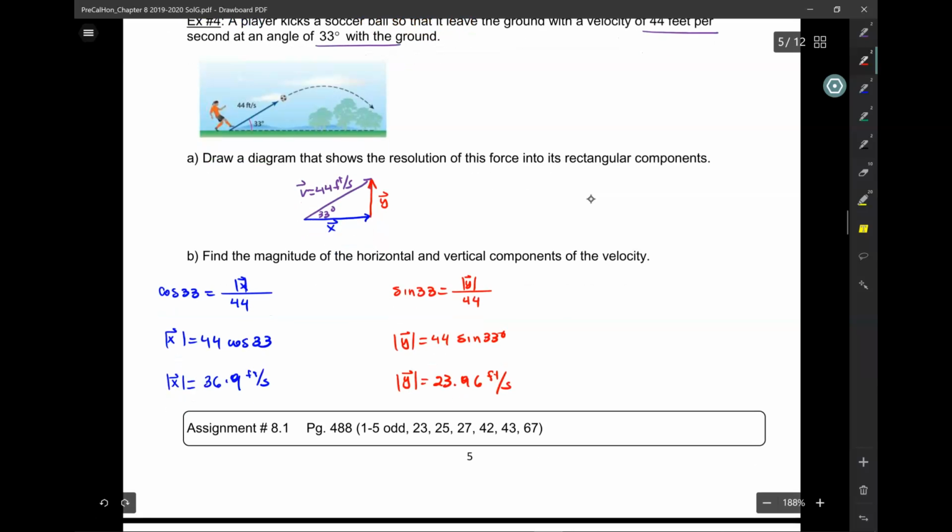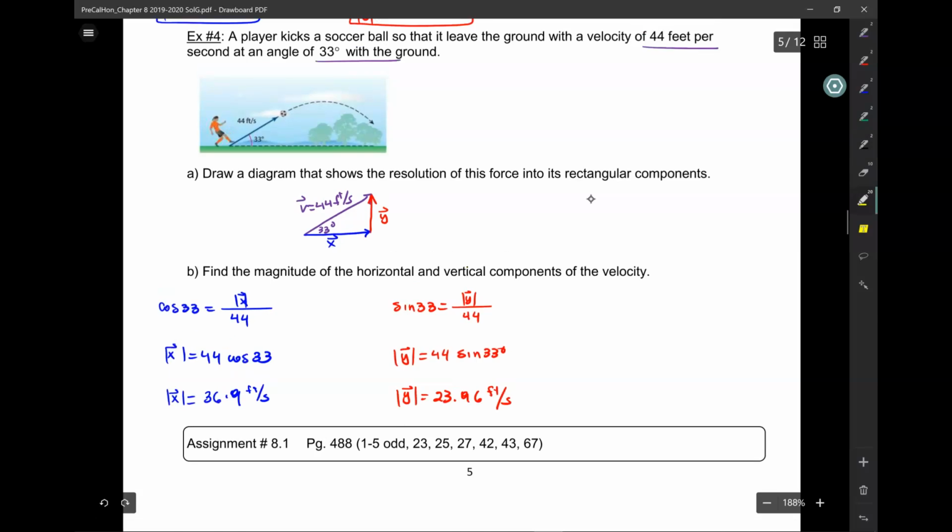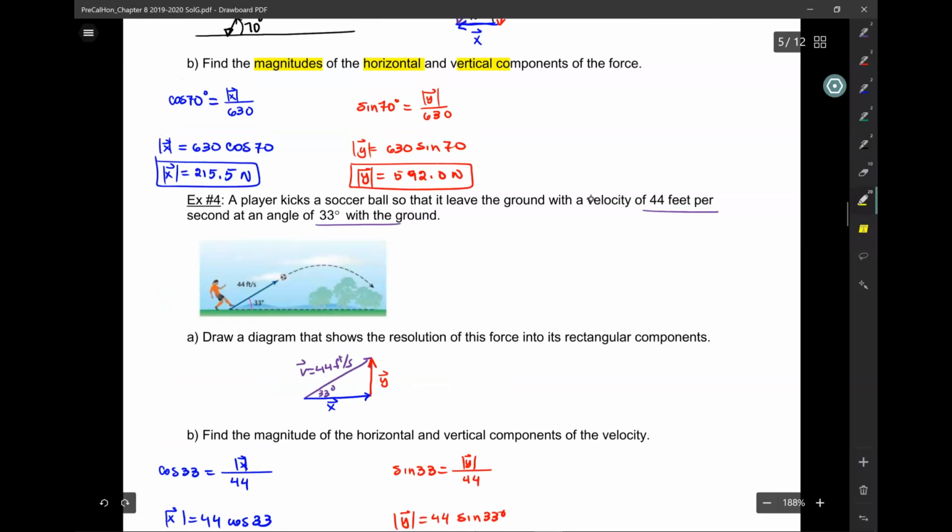Okay, now, one other thing I want to talk about. Take a look here. When we simplified the x component, what did we get? What was 630? That was the size of the vector that we were resolving in the one. So x was the vector times cosine of the angle.